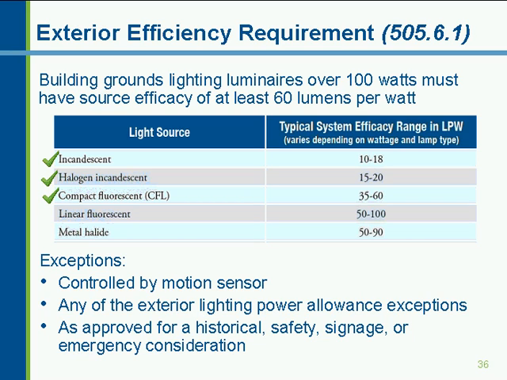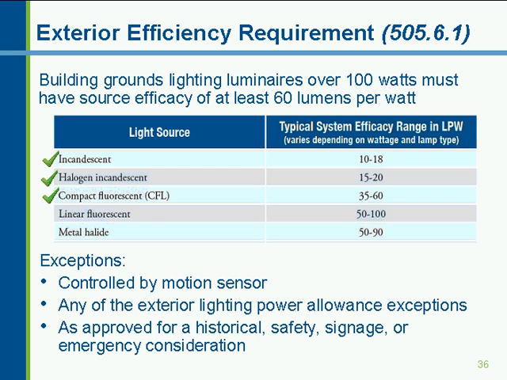So you're probably going to find you're going to be using either a linear fluorescent or an HID, like a metal halide product. And in most cases, those will meet this requirement. You may find some that don't on the lower end of those product ranges. So again, you'll have to be careful. But for the most part, it's going to eliminate the use of incandescent and lower-end compact fluorescent products on the exterior. And that's essentially the intent of that requirement.